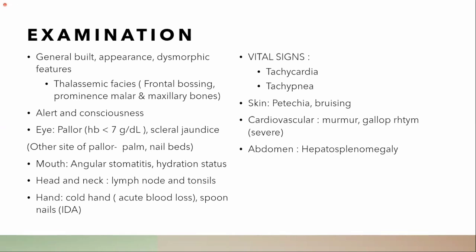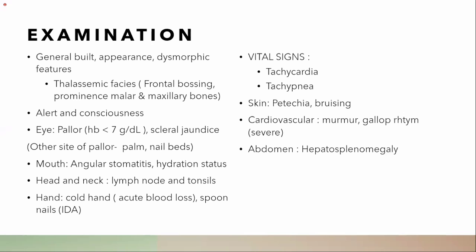Usually clinical pallor can be appreciated when the hemoglobin is less than 7 grams per deciliter. Scleral jaundice, and we can also check other sites of pallor, such as the capillary beds in the palms and also the nail beds. Then check the mouth for angular stomatitis in IDA and also the hydration status. And then check for lymph node involvement and also the tonsils for any signs of infection.